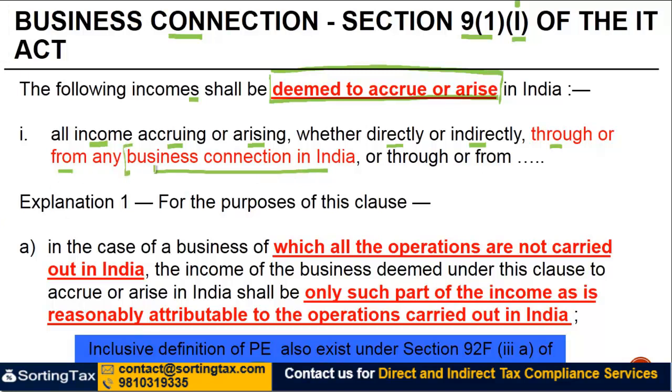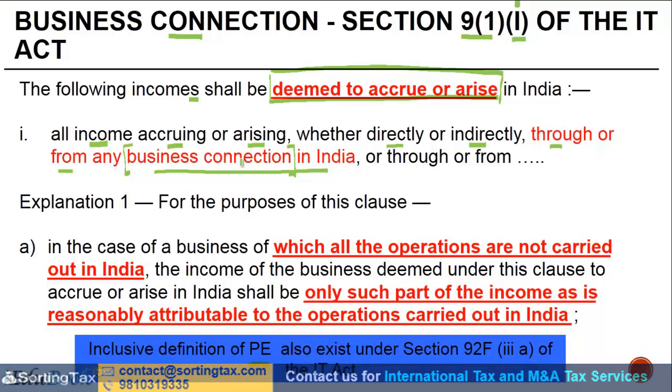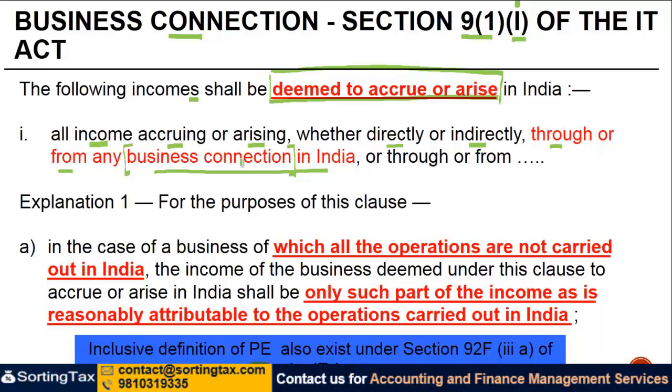Now, what is a business connection in India is not defined in the Income Tax Act, but the Supreme Court had a chance to discuss this particular aspect. A business connection, in terms of the decisions given until now, has been elaborated to mean any activity in India which has an intimate, close connection with a non-resident, such that the activities in India and activities outside India together result in accrual of income to the non-resident.